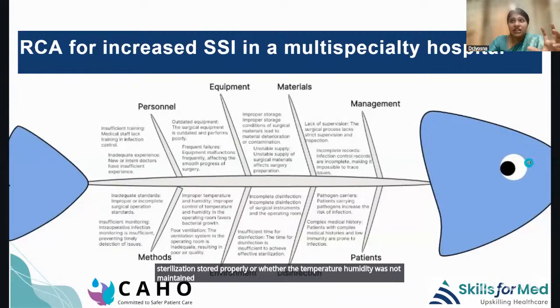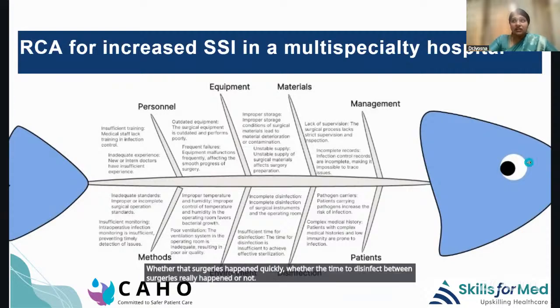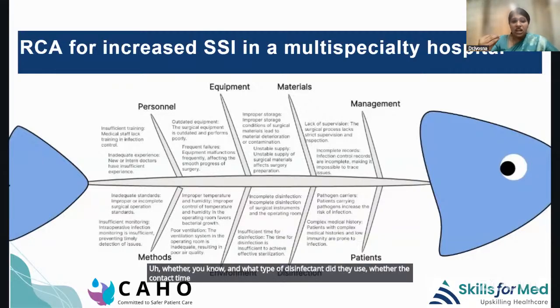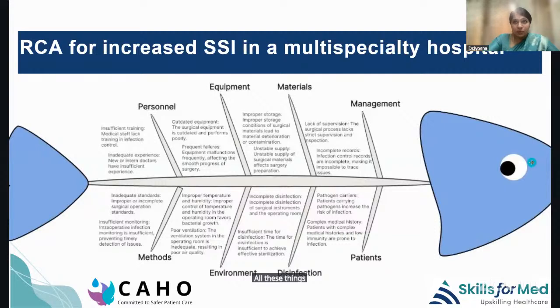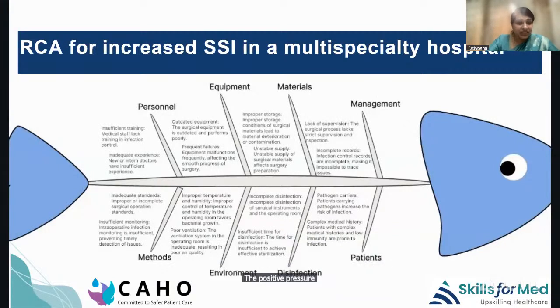Whether environmental disinfection, whether the surgeries happened quickly, whether the time to disinfect between surgeries really happened or not, and what type of disinfectant they used, whether the contact time was provided or not. And whether the temperature and humidity, in cases where contaminated surgeries are done, whether the positive pressure was maintained in the OT.